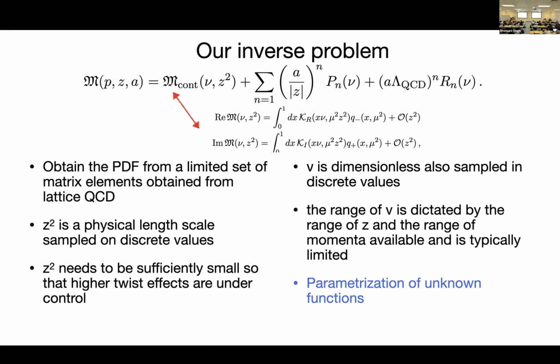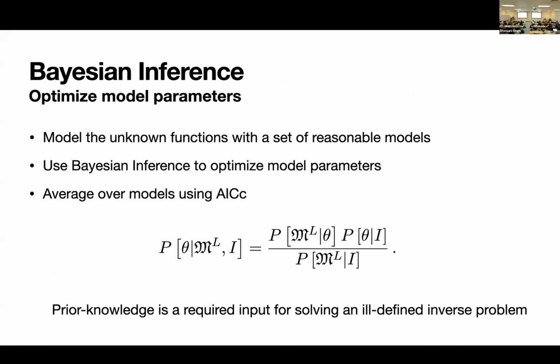Given the lattice results, parameterize the unknowns, which are the PDFs that you want, and all these nuisance terms that are representing the contaminations. And how do you solve this inverse problem? One methodology is using the so-called Bayesian inference.